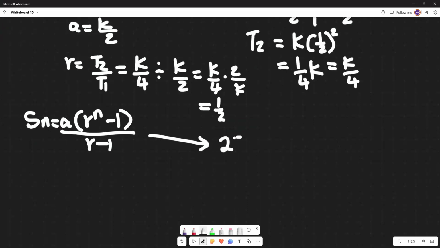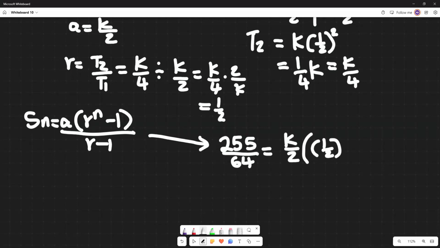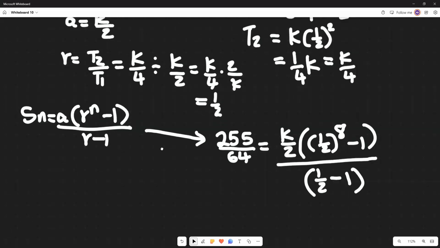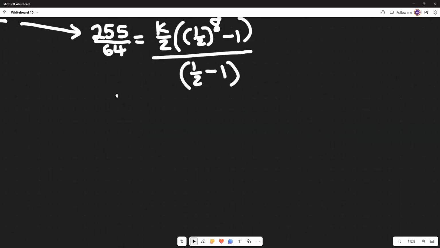So I have 255 all over 64 is equals to my a, which is half k, then we multiply the a by r, which is, I prefer to put the r inside there, and then it's going to be to the power 8, because our n is 8, then minus 1, all over half minus 1. I'll just do this. So now we can easily solve for k.